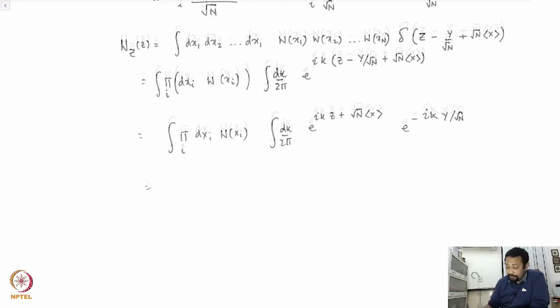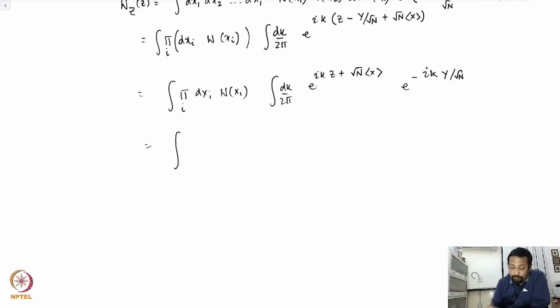Let's change the order of the integrals now, and we will write this as dk over 2 pi, e to the power ik z plus square root n times average x, product over i of dxi w of xi, e to the power minus ik y over square root n.